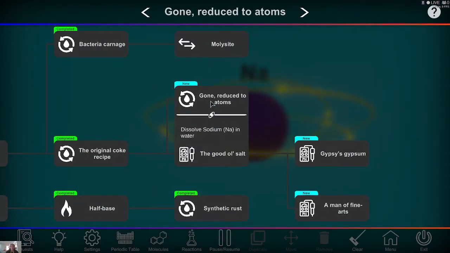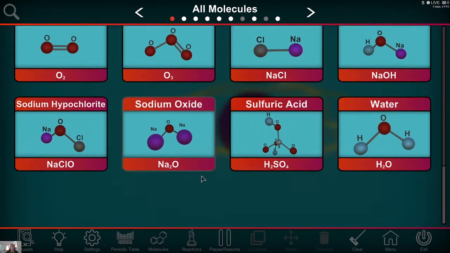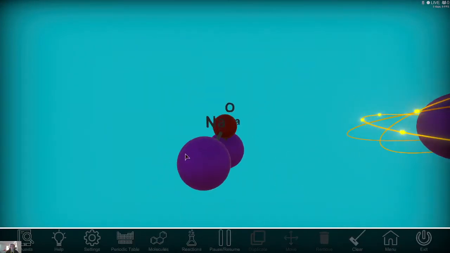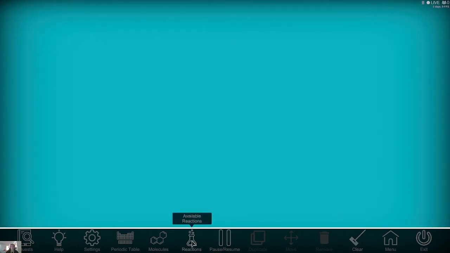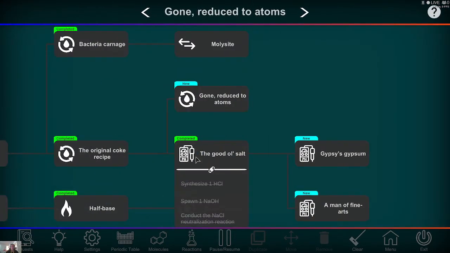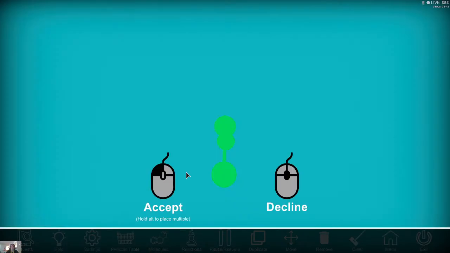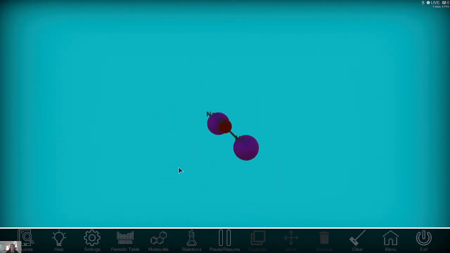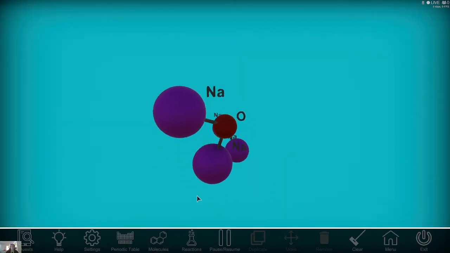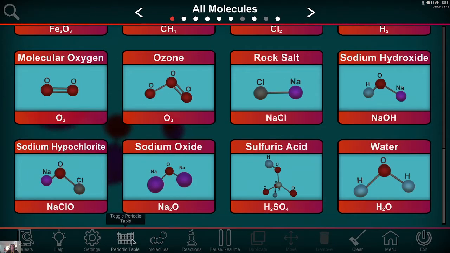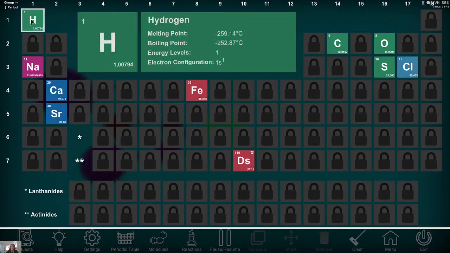Dissolve sodium in water. How about this one? Dissolve sodium in water. Gonna go to this one and this one, H, and then add a hydrogen.